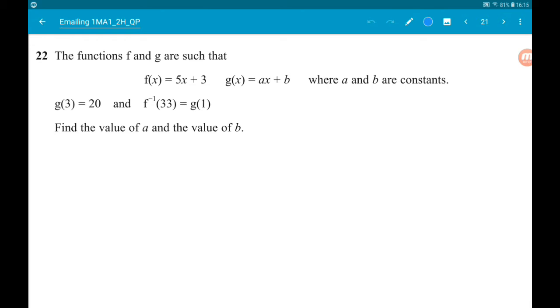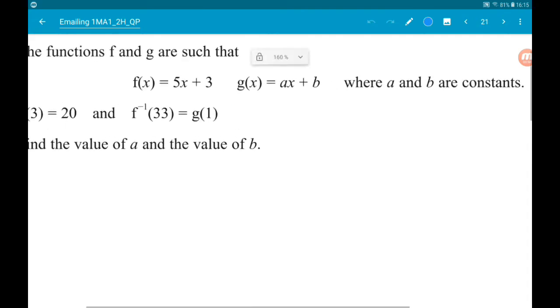We are told that g of 3 is 20 and f inverse of 33 is equal to g of 1. We want to find the values of a and b. Okay, so this might seem very daunting. Where can we start? Just process the information.